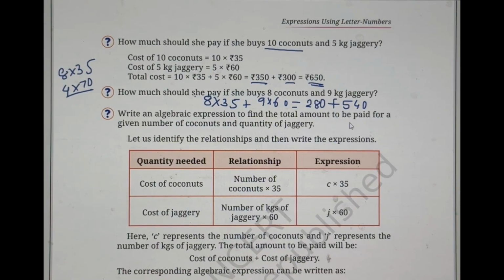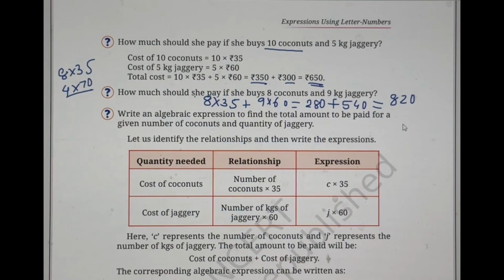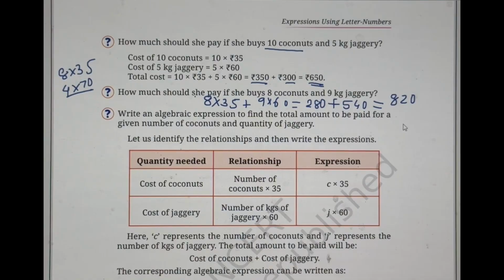To find the total, an easier way is to add 200 and 500, that is 700, and 80 plus 40 is 120. 700 plus 120 is 820. You should use mental math tricks in between so that you practice it and it makes your work a bit easier.